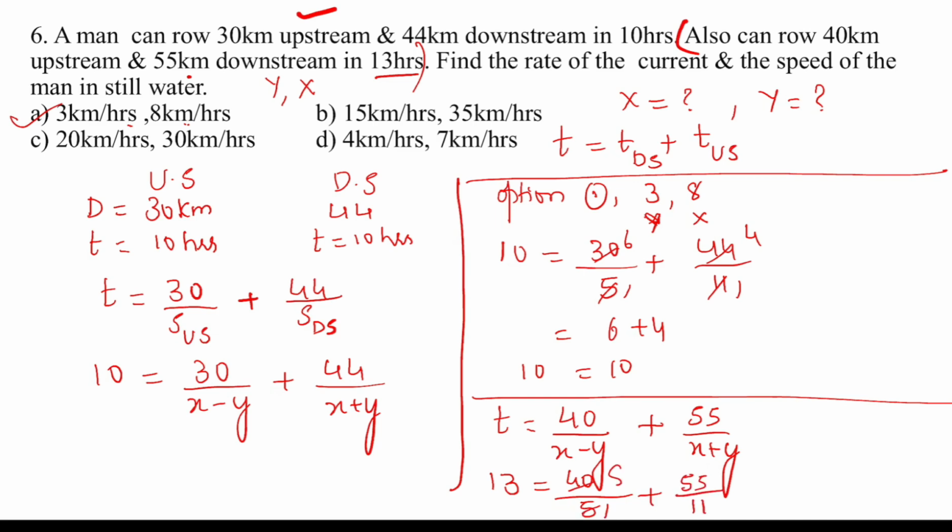So 40 divided by 5 is 8 and 55 divided by 11 is 5. Therefore 8 plus 5 is 13. So RHS is equal to LHS. So again option 1 satisfies the second data also. So either with the first data or the second data you can find the answer. Any one data you can use. So option 1 is the answer.